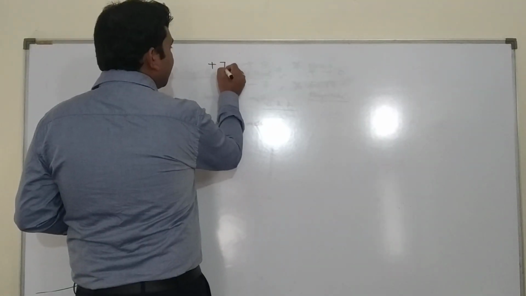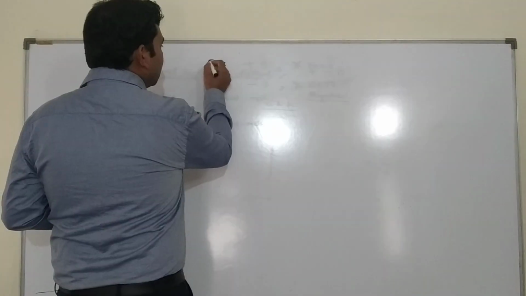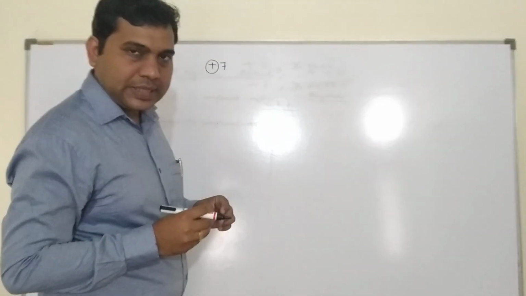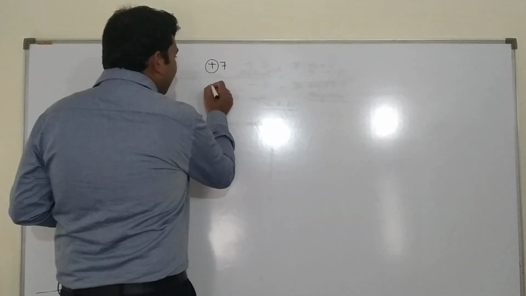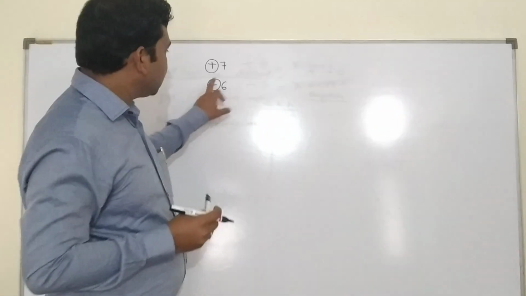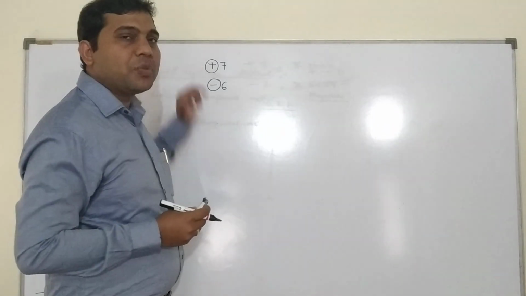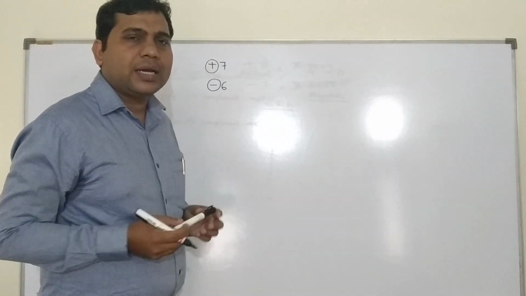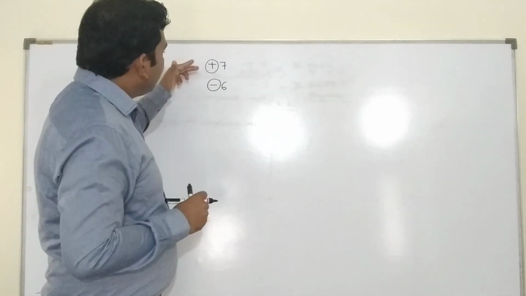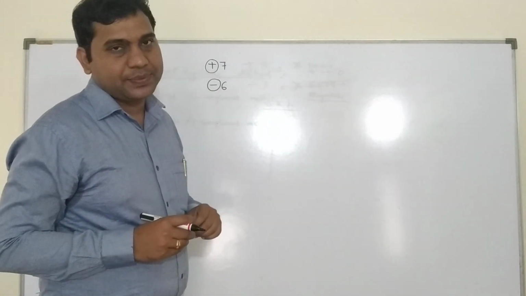Plus 7 can be represented like this. So there is a symbol for positive numbers and there is a symbol for negative numbers also. Minus 6. So this is a symbol to represent negative numbers. This is a symbol to represent positive numbers. There is no other way to represent positive and negative numbers in decimal number systems.